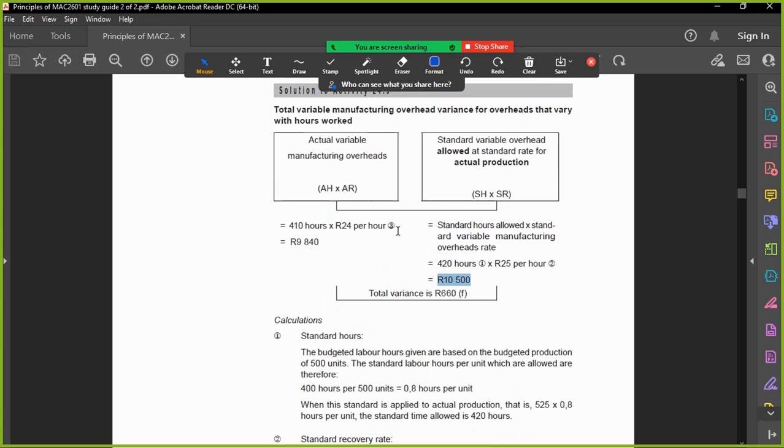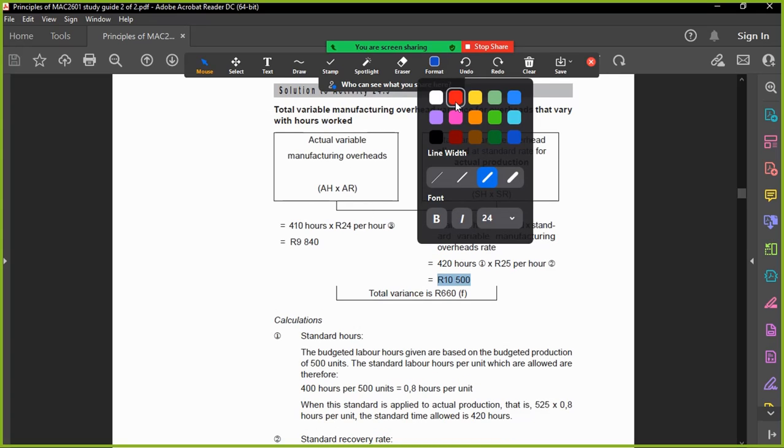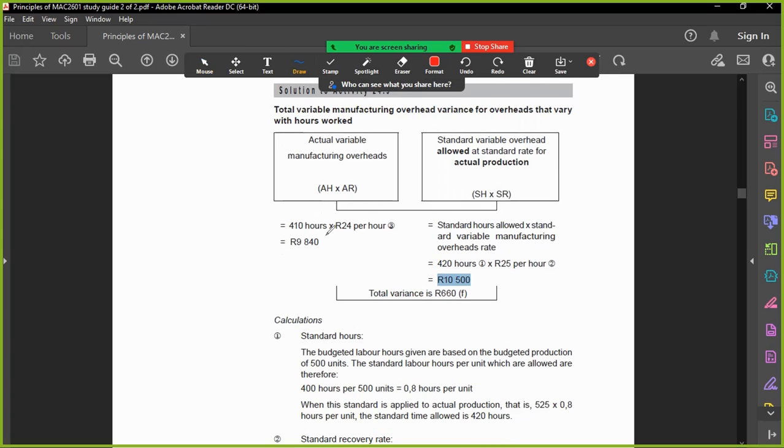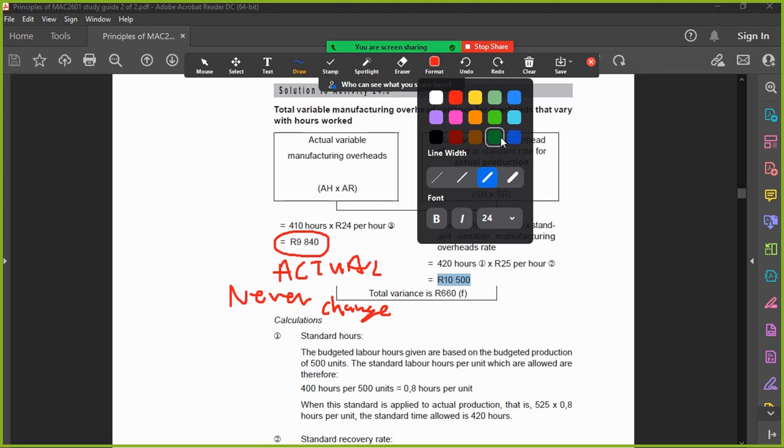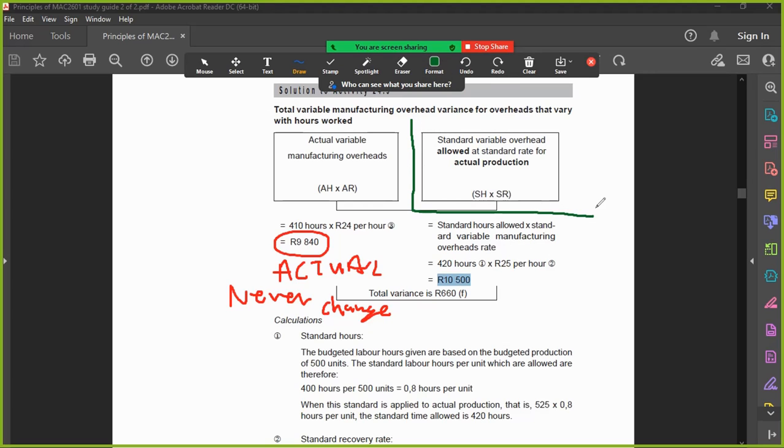Okay, so now if you look at this bit, it represents the actual. You never, ever change this. Because remember, the actual is set in stone. The only difference is, well, you need to talk about this, which is the question mark.